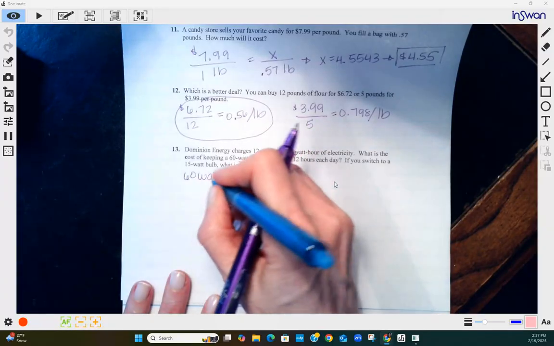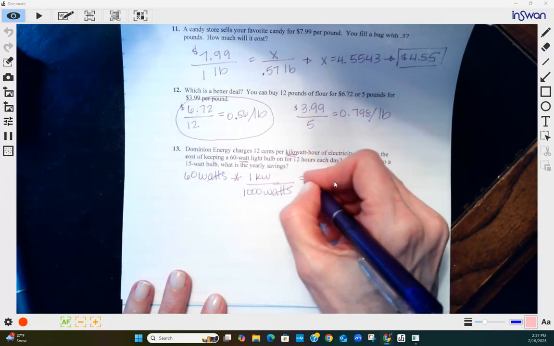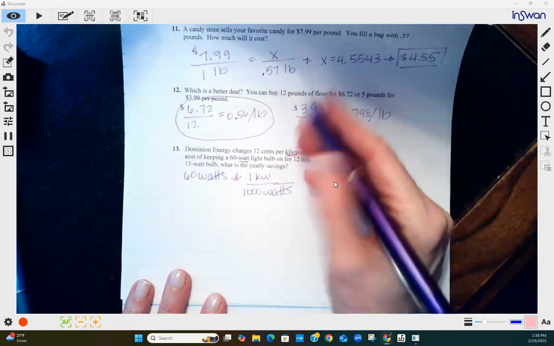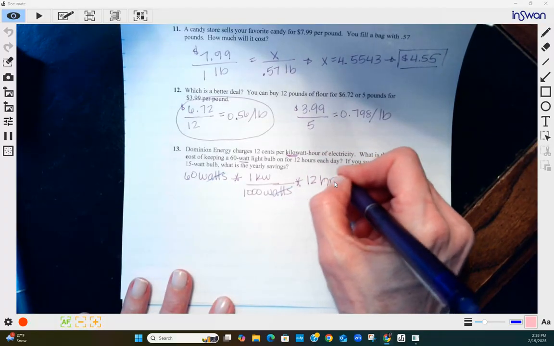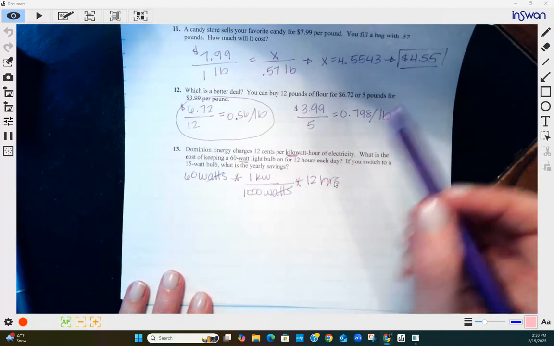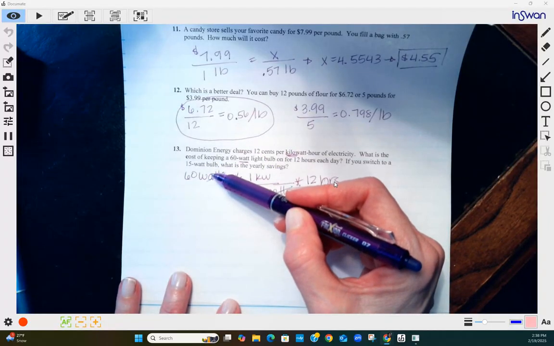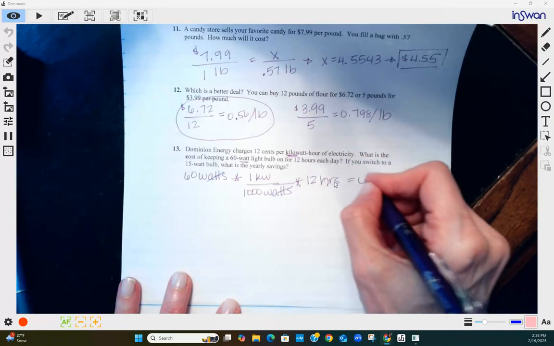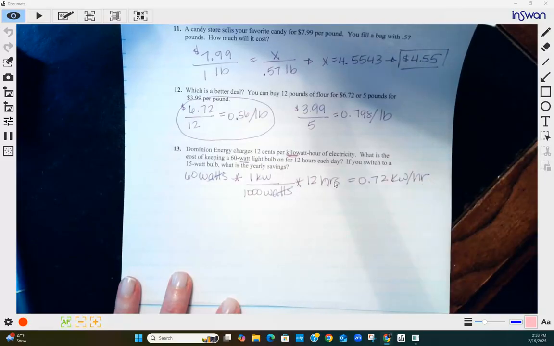So you can see that the watts cancel, and it's just 60 divided by 1,000, times the 12 hours that we're going to leave this on. So the calculation is 60 divided by 1,000 times 12, and we get 0.72 kilowatt hours.